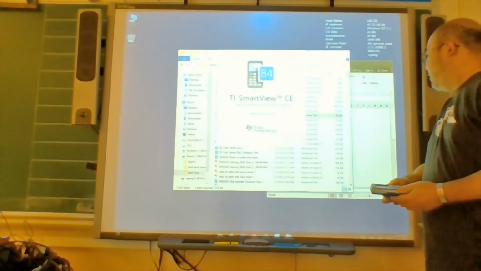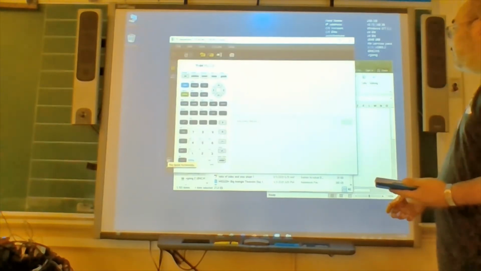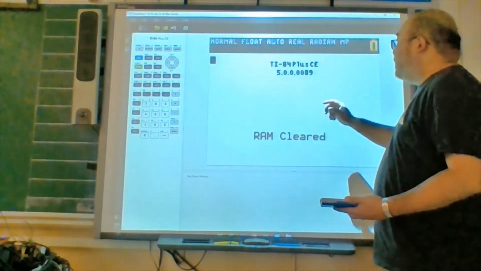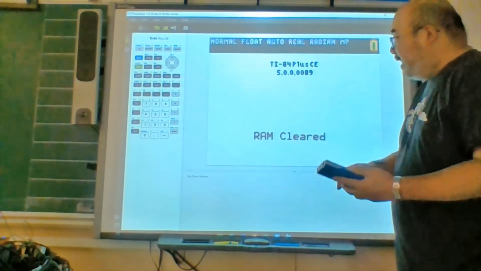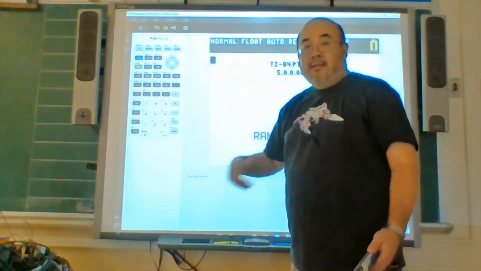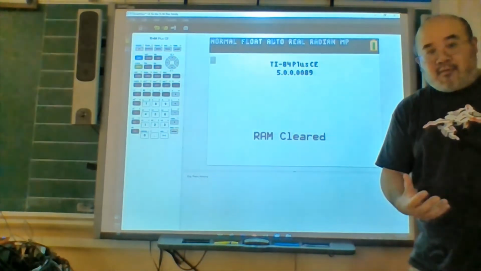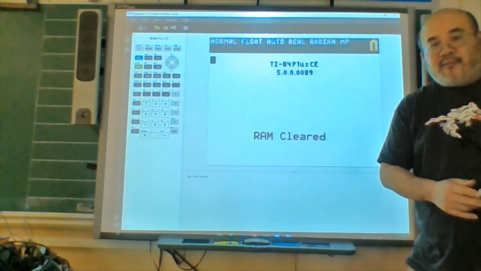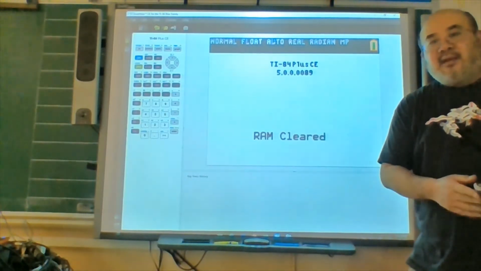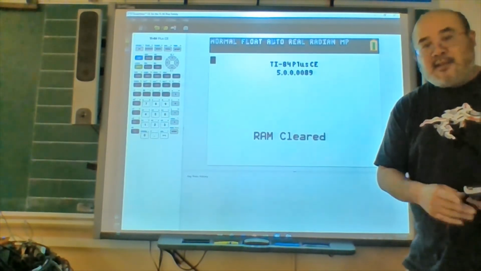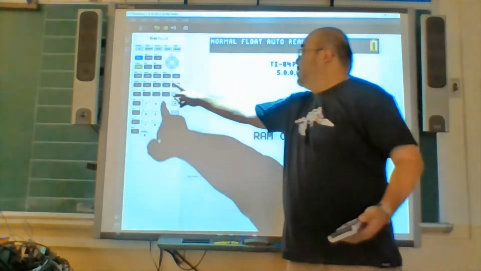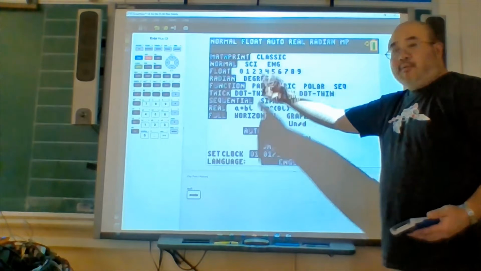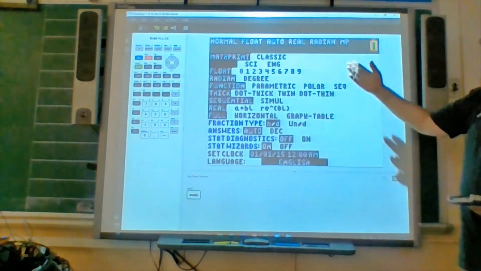For Smart View, we're going to do our 10 here. And so we see in this case, we had the sine -1. Now, again, what I mean by we have to be in degree mode, the default setting for almost all calculators, at least for the Texas Instruments ones, is radians. So go to the mode. The mode is found here, right next to the blue button. And they'll tell you all the possible things we have.